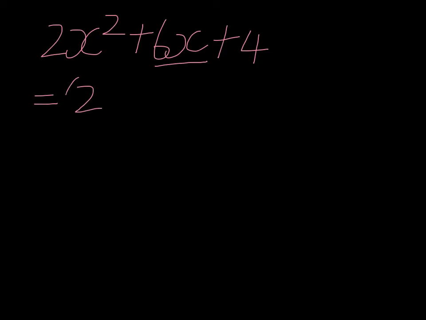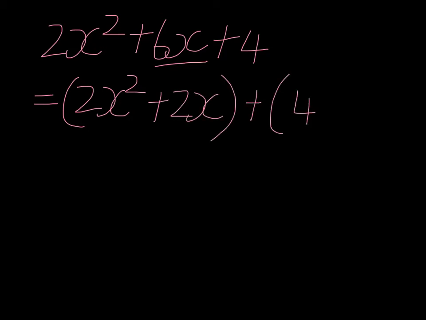We've got 2x squared plus 6x plus 4. And if you remember back to the table on the previous page, this 6x was broken up into 2x and 4x. So we're going to go 2x squared plus 2x plus 4x plus 4.